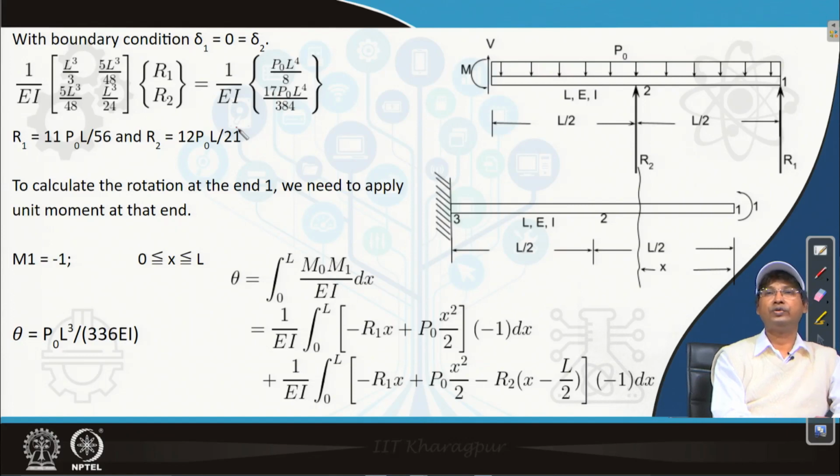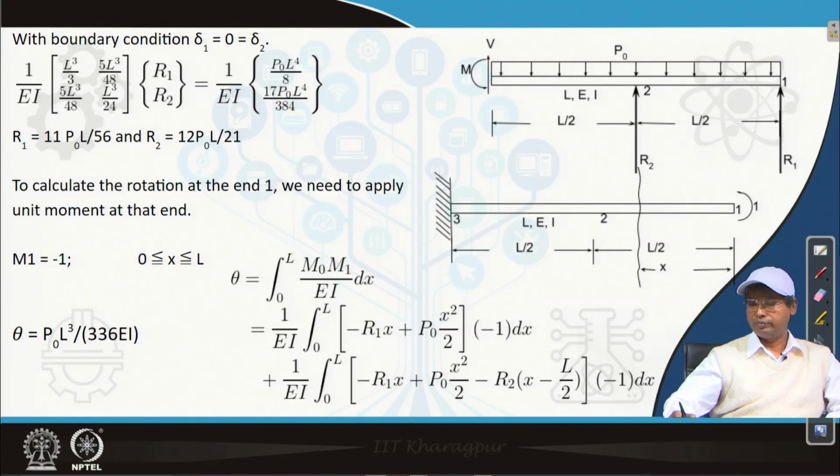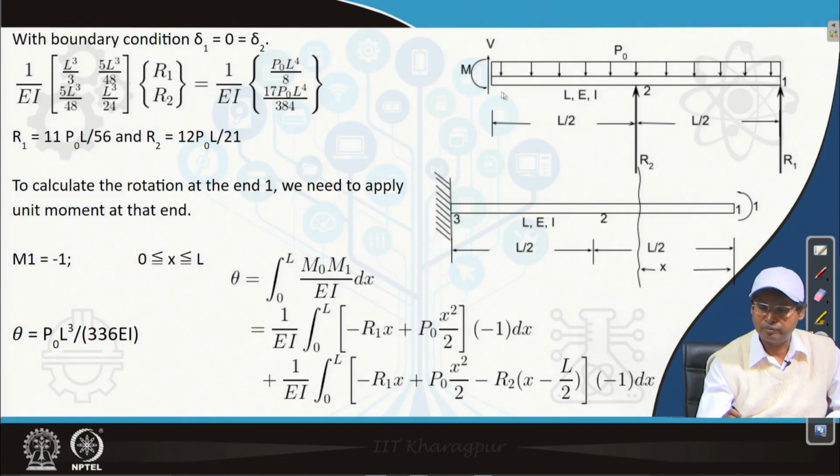So, the unknown forces R 1 and R 2 are known, but one more question has been asked in this problem to solve. What is the rotation here? It is to form maybe some deflection.